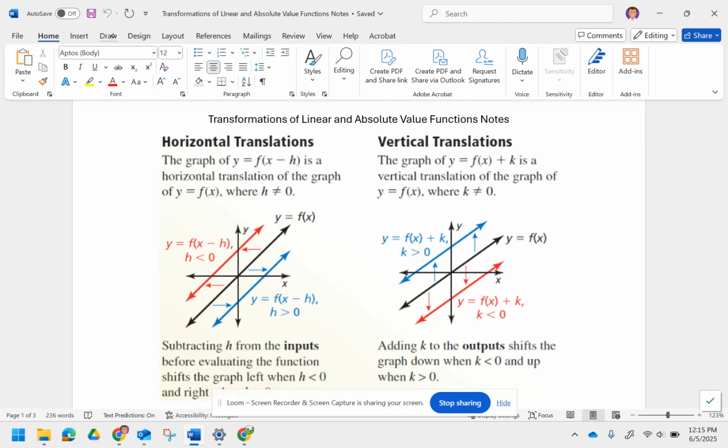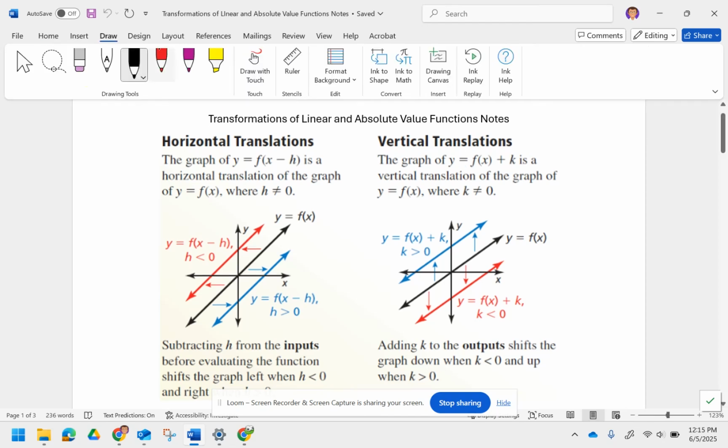Now, one key thing to notice is the equation that they give. So y is equal to, rather than just f of x, f of x minus h. And it tells us that this would create a horizontal translation of the graph of f of x.